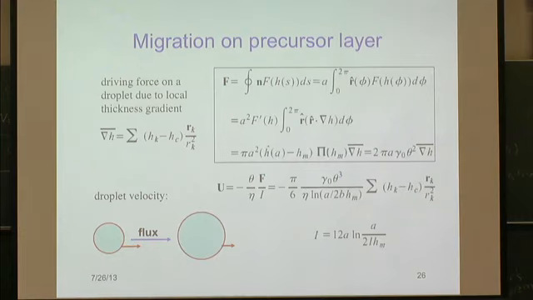So what we obtain is that this force is actually proportional to the gradient of h averaged over the interface, and we can compute the velocity of the droplets. Here is the equation for the velocity of this droplet, which will depend on distances between this droplet and all others.